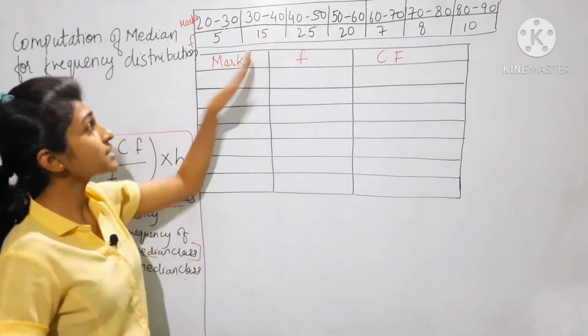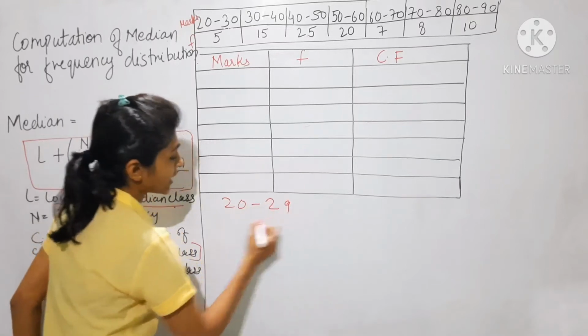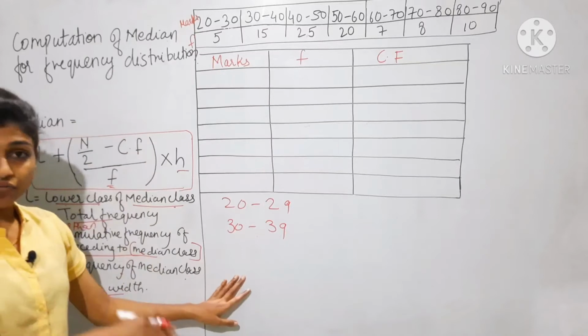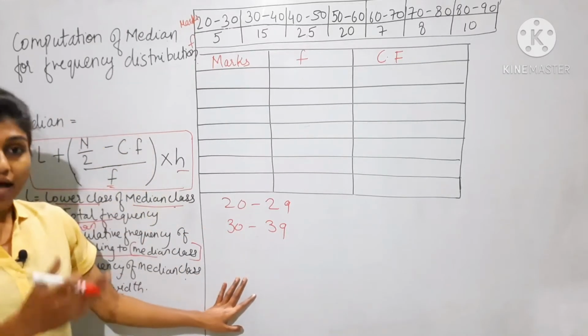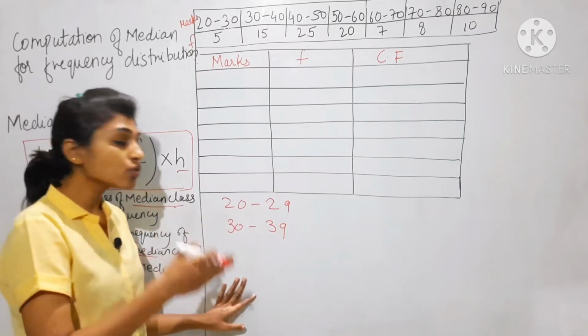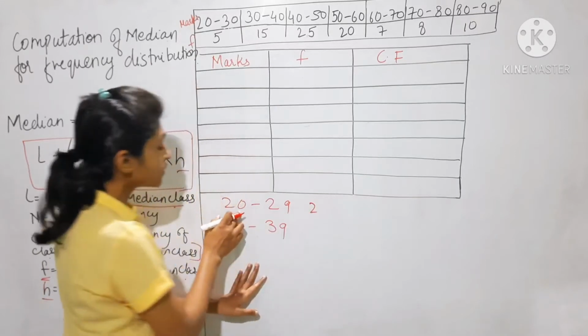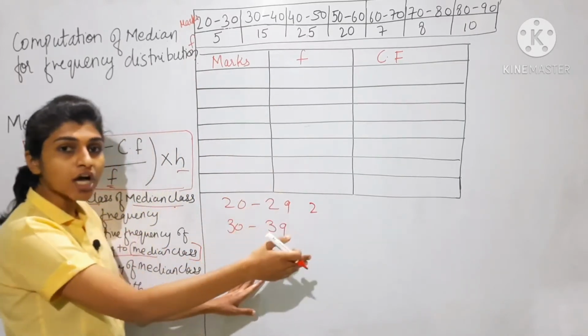If these classes are not continuous, suppose like 20 to 29, 30 to 39, so if the classes are given in this way, not continuous, then you need to find the class boundary. That means you need to make the classes continuous. How? You will reduce 0.5 from the lower limit and add 0.5 to the upper limit.